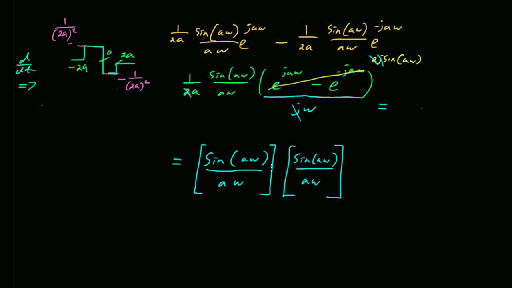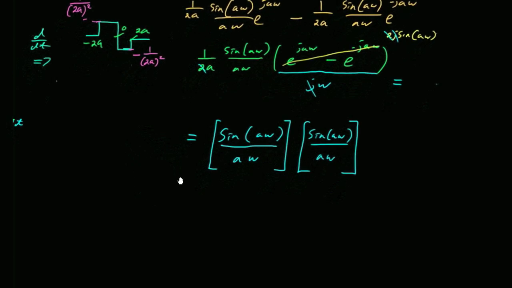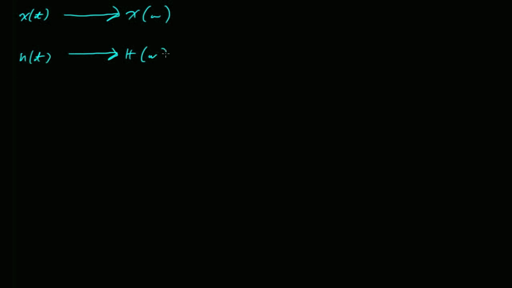We learned that if I take a signal x of t and take its Fourier transform, and a signal h of t and take its Fourier transform, then if I convolve x of t and h of t in the time domain, what do I do to their Fourier transforms?